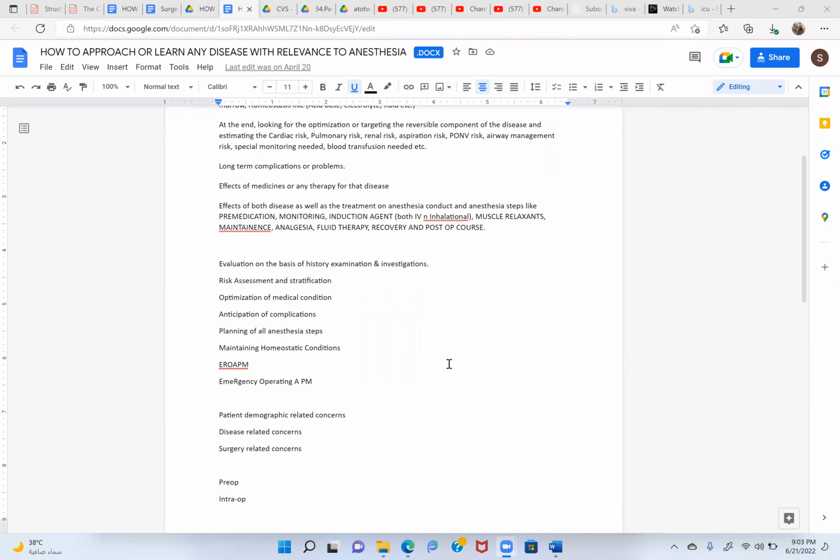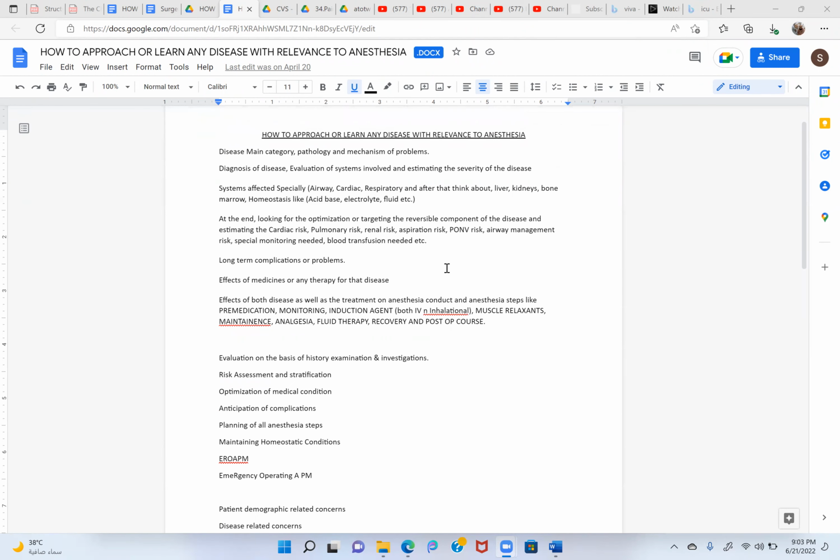So if you practice, you just keep this paper in your hand and try to fit any disease, and I can guarantee you the examiner will not be able to ask you anything else. What else? Just think about it. Cardiac risk: there is risk of MI, arrhythmia, ischemia, heart failure, and pulmonary risk.